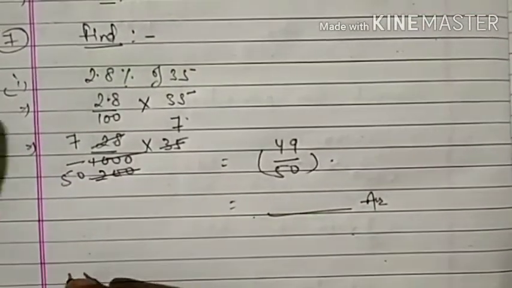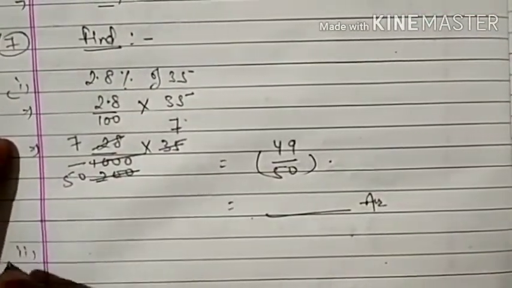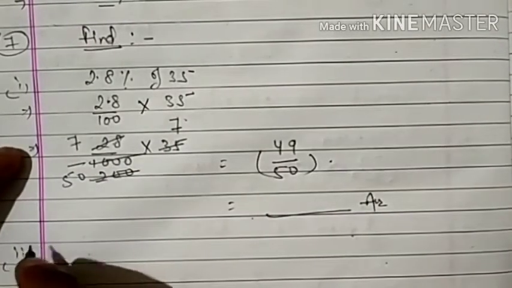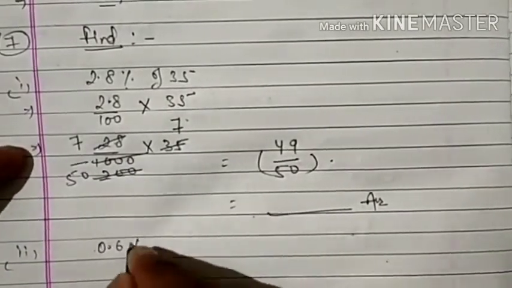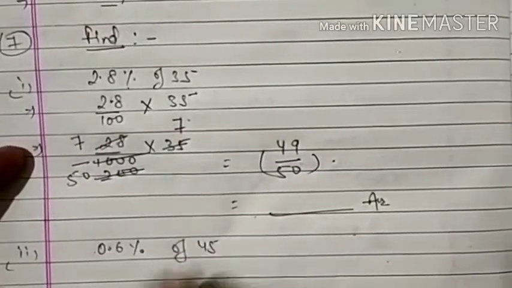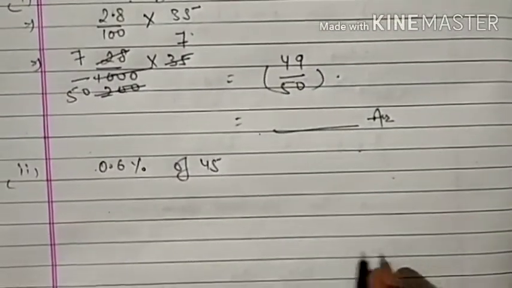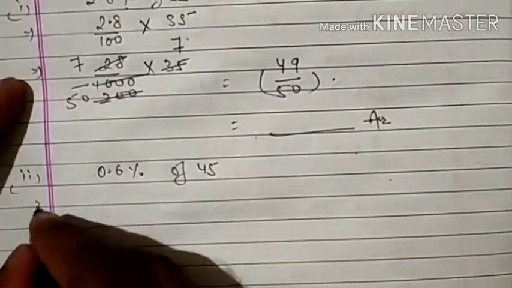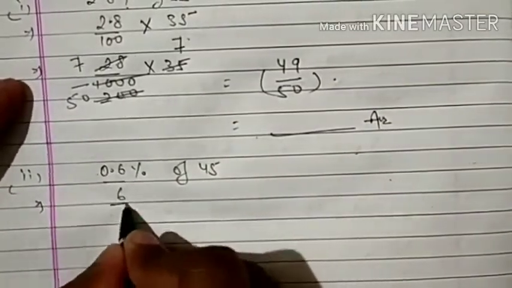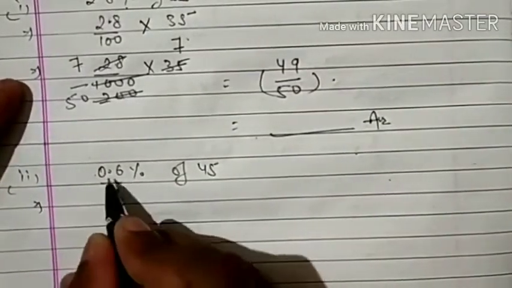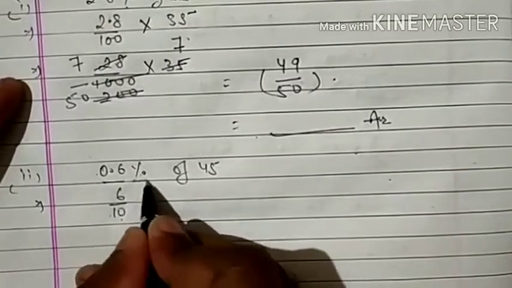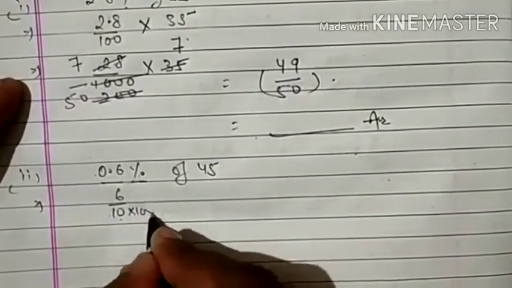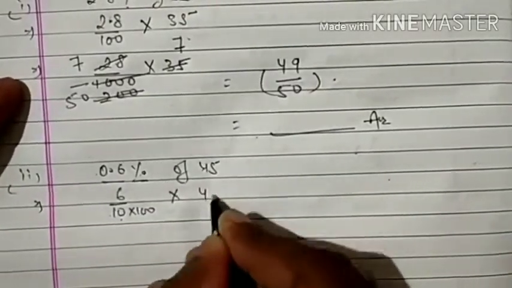Next question. The second part of this particular question, we have to find 0.6% of 45. 0.6% means 6 by 10. Removing the decimal we get 10, and when we remove the percentage, we get into 100. Of means multiply 45.